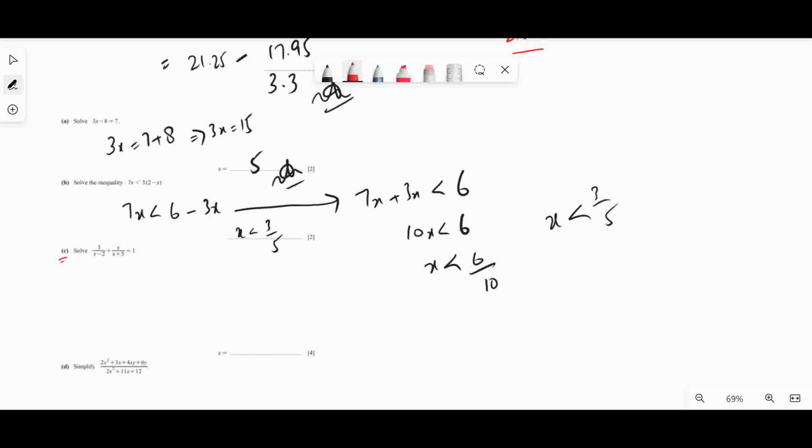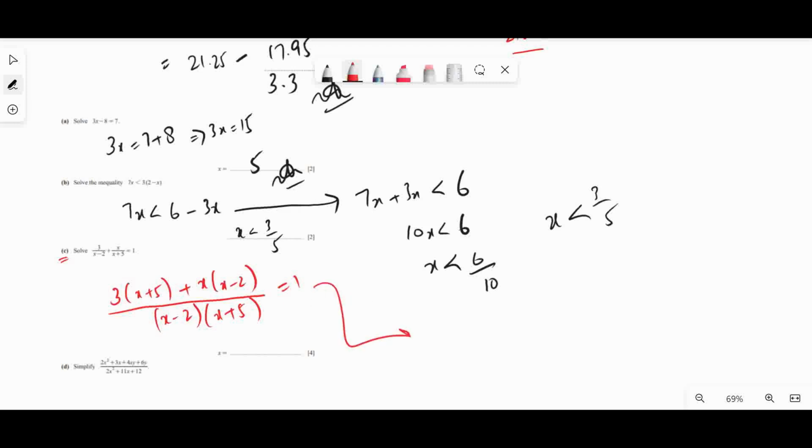Let's move to part C. First of all, we have to take the LCM over here because we need to solve it. So this will be 3 into x plus 5 plus x into x minus 2, whole divided by x minus 2 into x plus 5, is equal to 1.